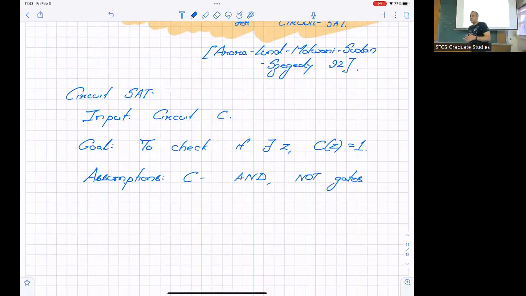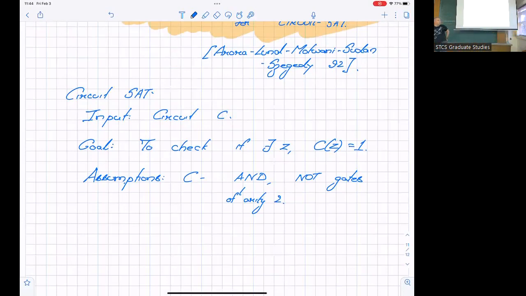This is without loss of generality, because you can do OR using AND and NOT. Furthermore, we'll assume that AND gates are of arity 2. For larger arity, you break it down into multiple AND gates. That's the assumption we'll make.